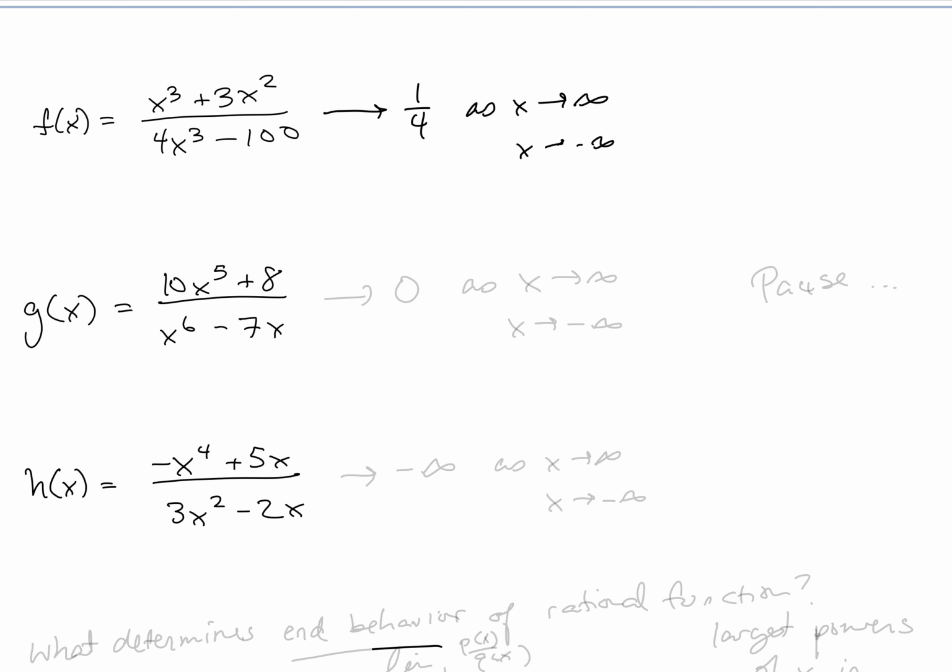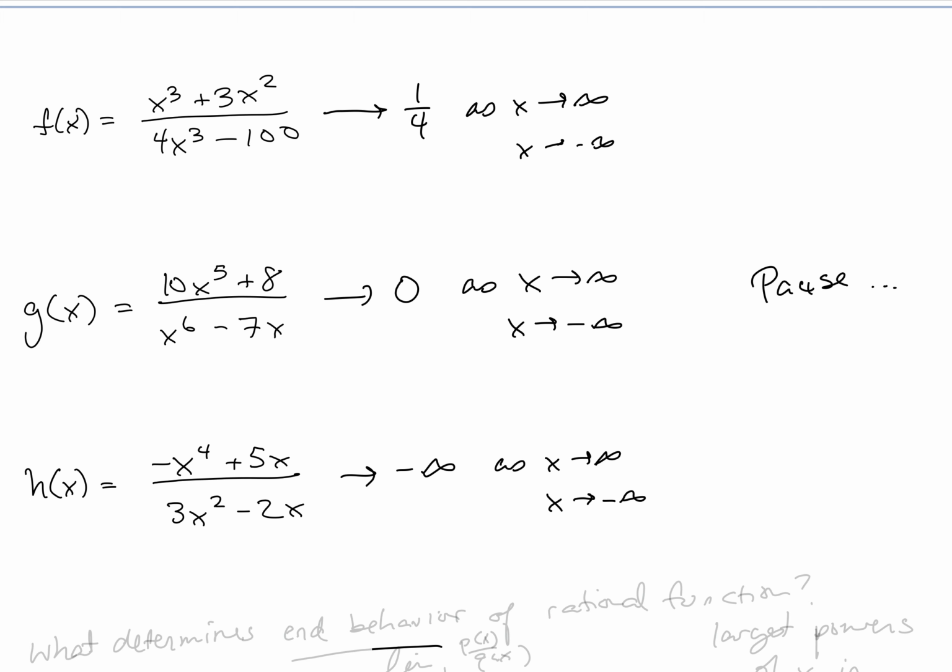For the function g of x, we saw that this function went towards 0 as x goes towards infinity, and also as x went towards negative infinity. And for our last function, we saw that this went to negative infinity as x goes to infinity, and in this case also as x goes to negative infinity. So any guesses about a pattern here? I'm going to pause one more time and let you think about it.